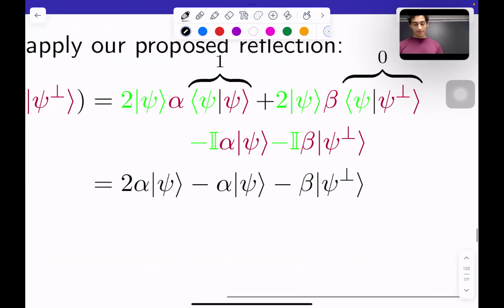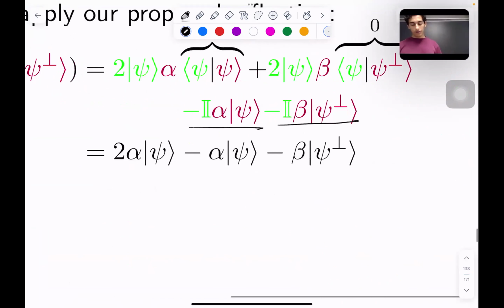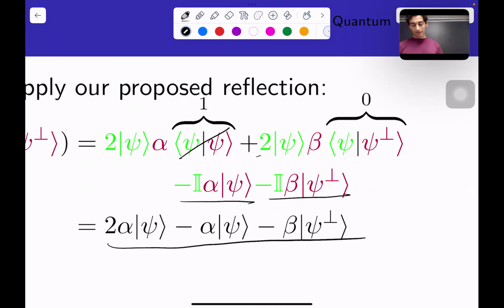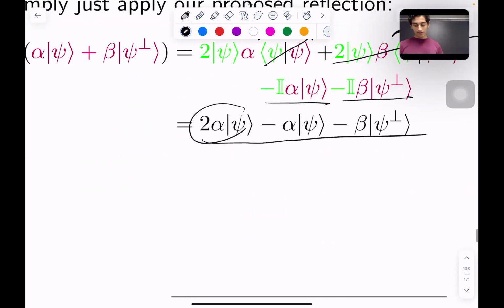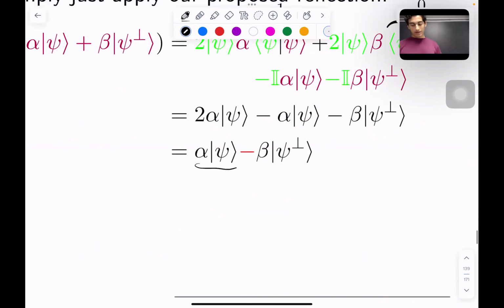And then down here, I forgot to say you just get identities on these that come from right here when you FOIL. You do that, you get this state. When you bring this to a 1 and then this to a 0, it shakes out that whole term. And then these two terms are common, so just subtract them. You get alpha psi minus beta psi perp.